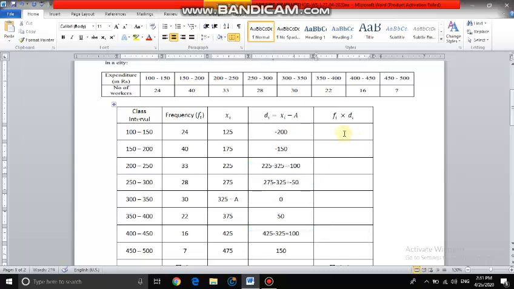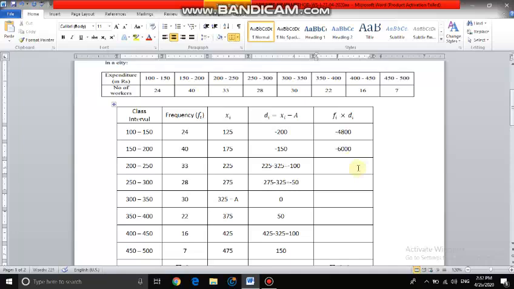Now fi di, so you have to multiply this frequency with this di value. So 24 into minus 200 is minus 4,800. Then 40 into minus 150, so what do you get? 4,000, 6,000, minus 6,000.